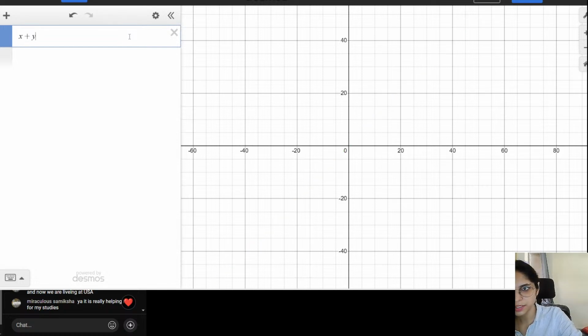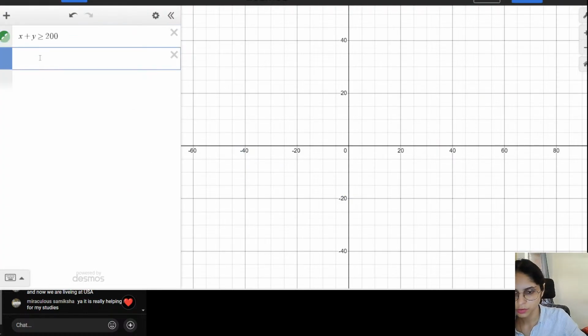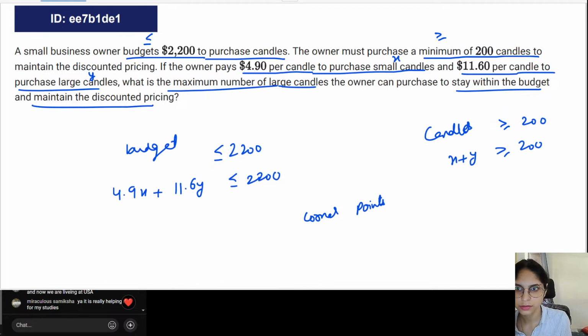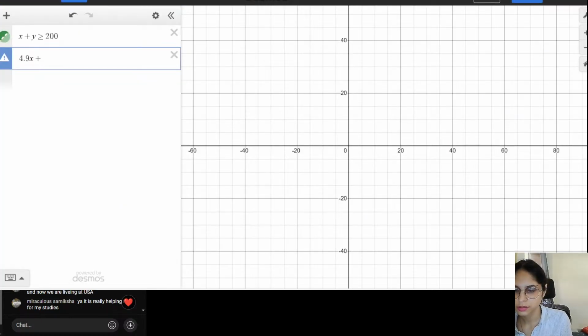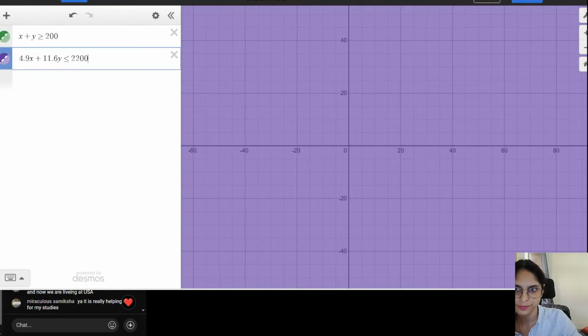So we have X plus Y greater than or equal to 200, and 4.9x plus 11.6y less than or equal to 2200.